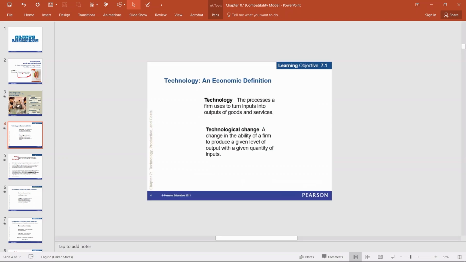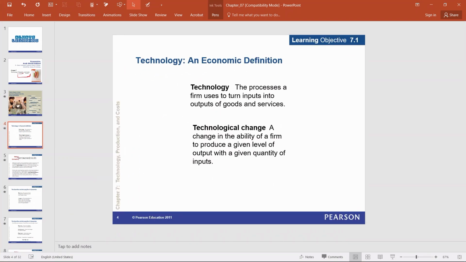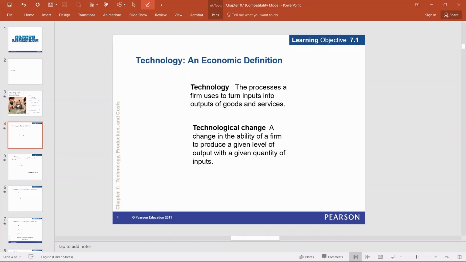So technology or production is a process of turning inputs into outputs using a certain level of technology. Technological change is when there is some advancement in technology which enables a firm to produce a level of output using some level of input.